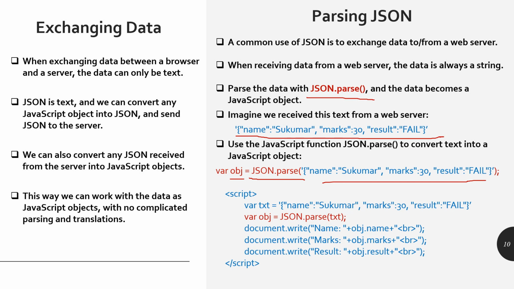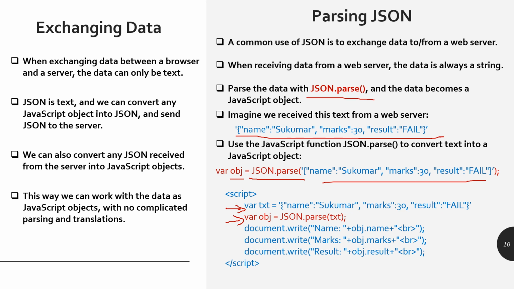The script is shown here. This is the text what exactly we received. This step we have converted this thing to object, that corresponding text to object conversion we have done.